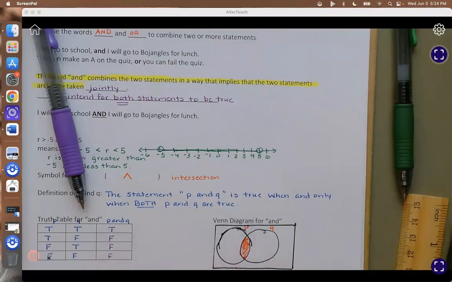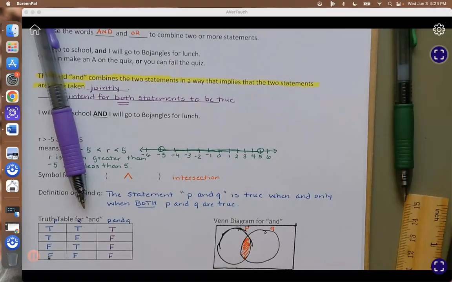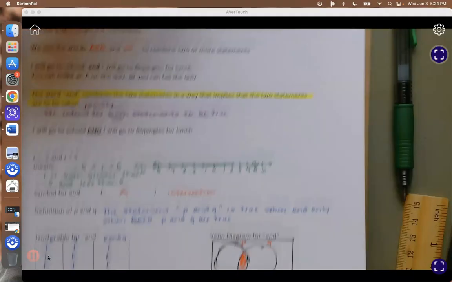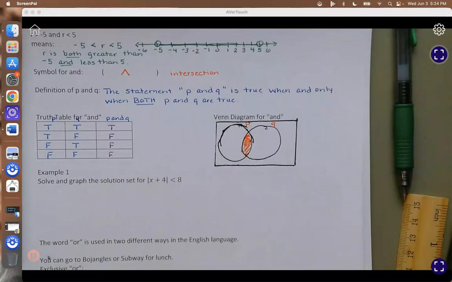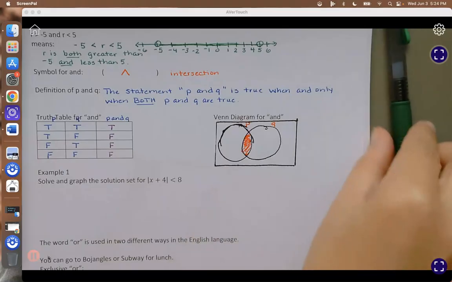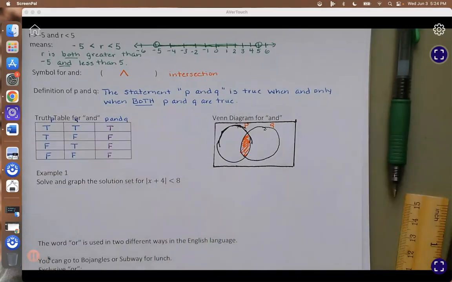So solve and graph the solution set for the absolute value, and you can't see that, I'm so sorry. Absolute value of x plus 4 is less than 8. Now, if you think way back, how do we solve absolute value problems?